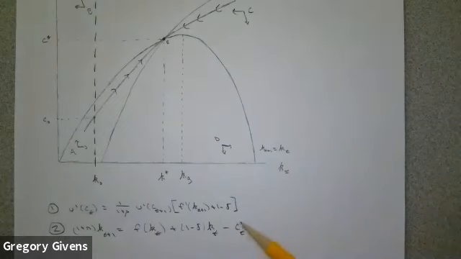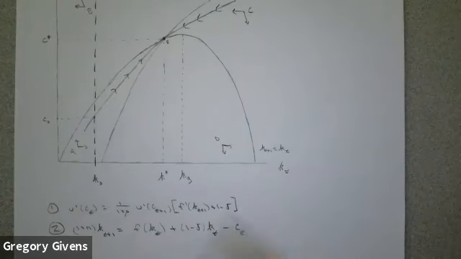So whereas the Euler equation and the intertemporal resource constraint tell us what the optimal values of C1 through C infinity are going to be, what is it that determines the optimal value of C0? It's the transversality condition, right? That is the lifetime budget constraint, which depends on the net present value of initial wealth plus lifetime labor earnings.